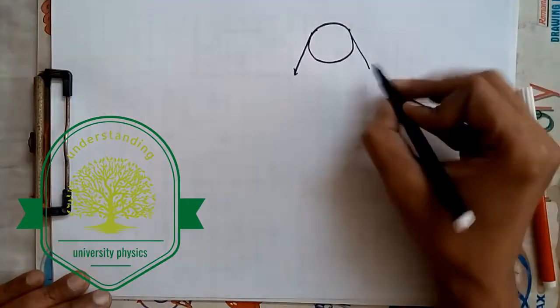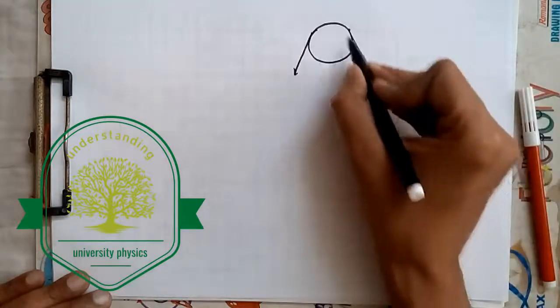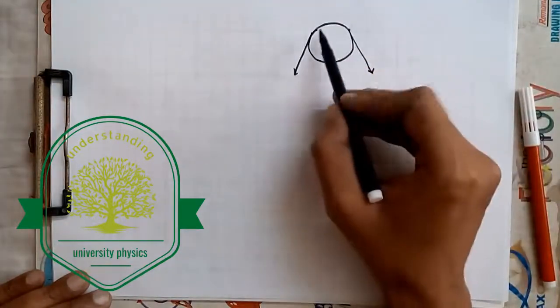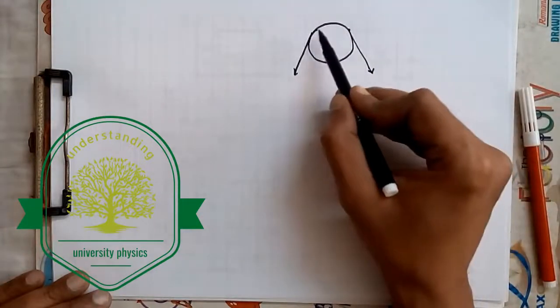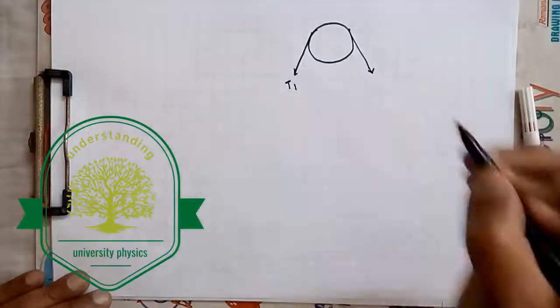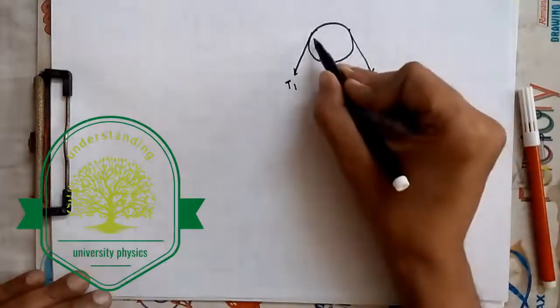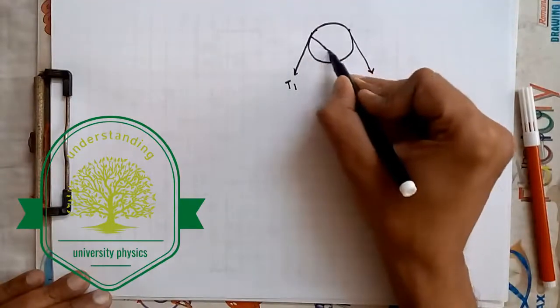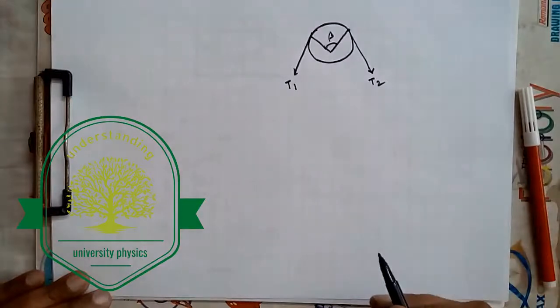The belt or the rope which goes over the pulley is massless, but there's friction acting between the belt and the pulley. Let us say that the tension on this side is T1 and the tension on this side is T2, and the belt or the rope subtends a total angle beta at the center.